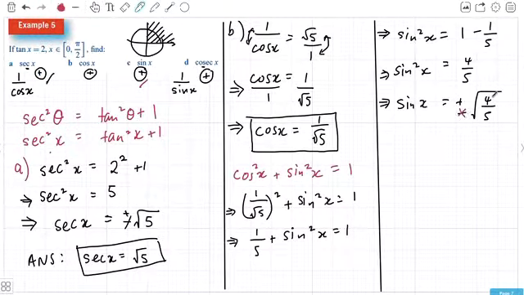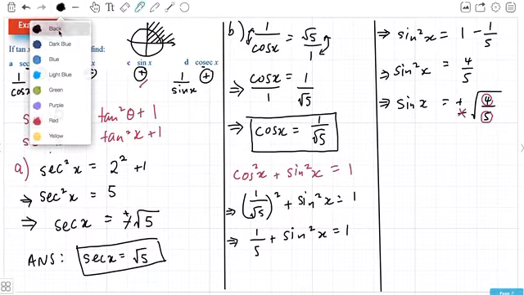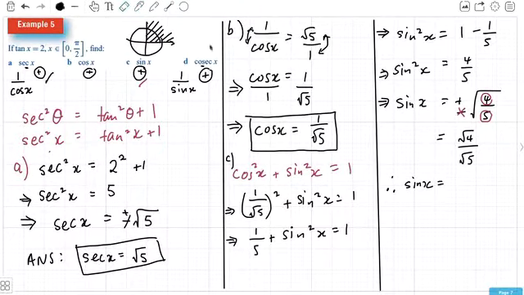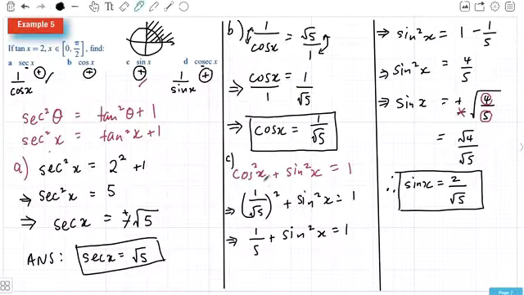Also, when you're square rooting a fraction, you take the square root of the top and the square root of the bottom. You can do those separately. So what this actually turns into is positive square root of 4 over the square root of 5. So sine of x equals the square root of 4, which is 2, over the square root of 5. Just put a box around that. Beautiful. And that was our answer for C.